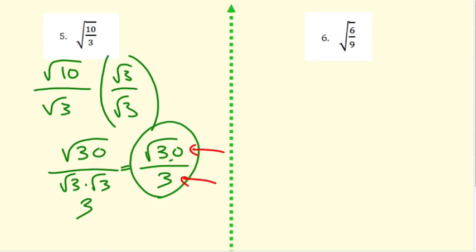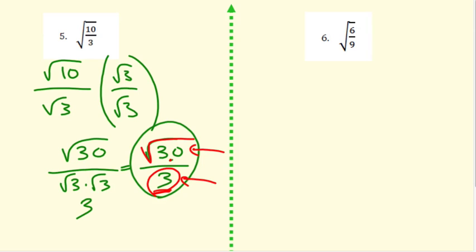The 3 is not underneath the square root. We just worked to get the 3 out from underneath the square root. Only the 30 is underneath the square root. And since this is underneath the square root and this is not, you cannot divide it. So don't divide 30 by 3 when this is underneath the square root and this one is not. You can't do that.